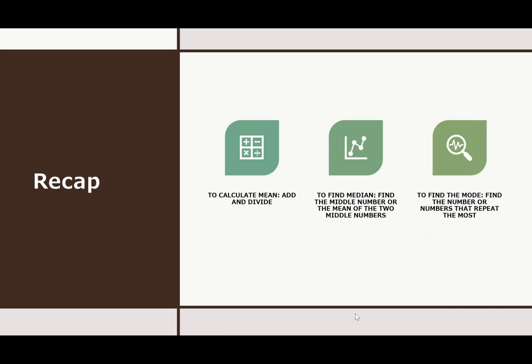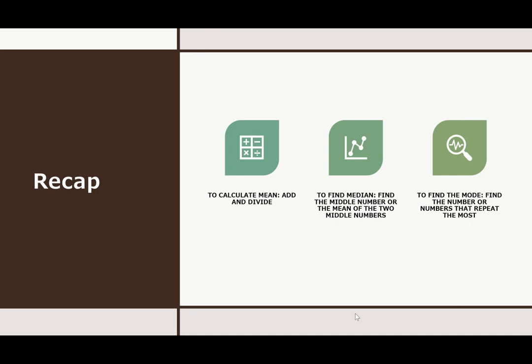And lastly, to find the mode, it's the number or numbers that repeat the most in your data set. And two key things to keep in mind about the mode are there can be more than one number that is your mode, or there could be no number at all. There could be no mode.